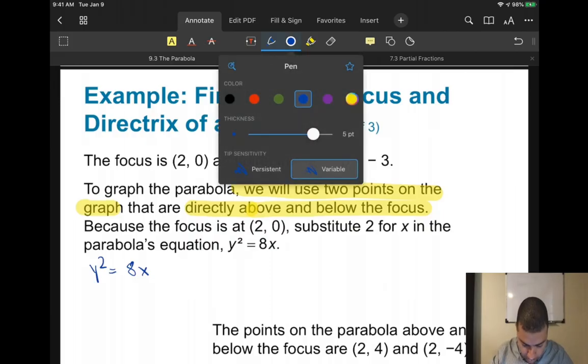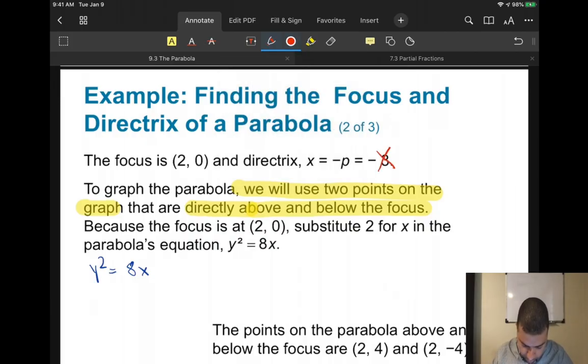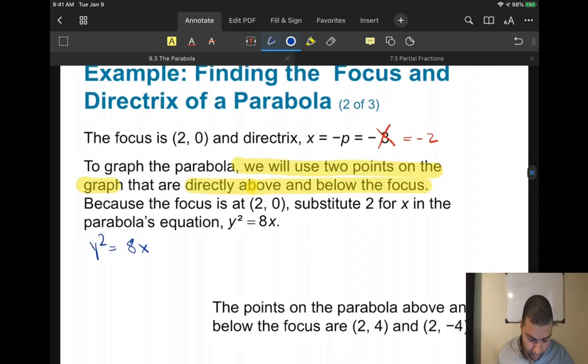Sorry, that's wrong here. That's 8, 2. Well, let me continue. So x equals 2 is what I want to plug in to find these 2 points.